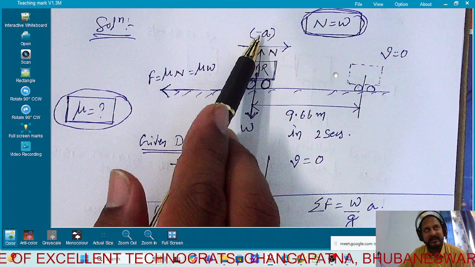S is equal to ut plus half at square. So S is equal to 9.66. We don't have u.